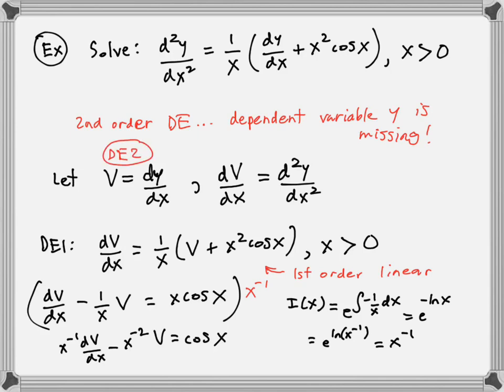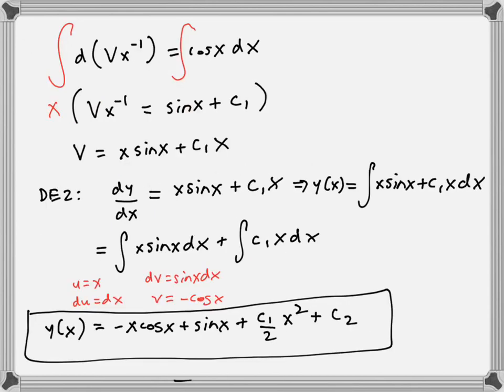And then differential equation 1 comes from making that substitution in the original. So we solved this guy, and then we put the solution in for v, and that's where differential equation 2 comes from. So hopefully this substitution makes sense.